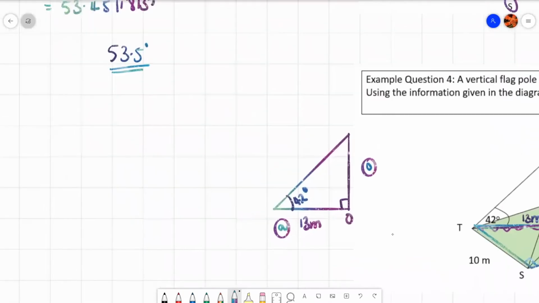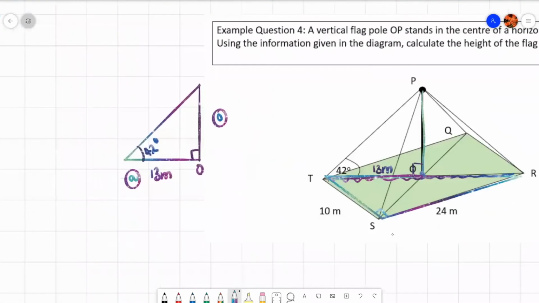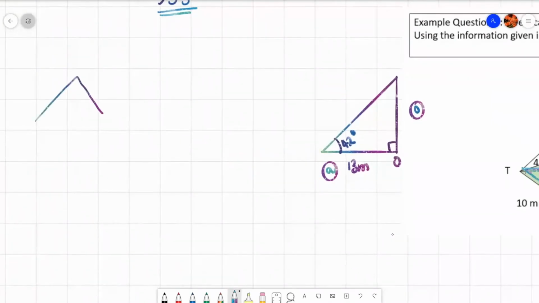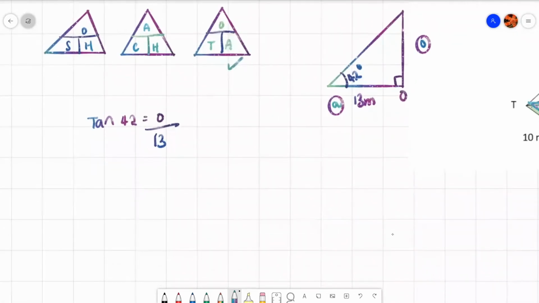Again, using SOHCAHTOA, you will see that it's tan that has the opposite and the adjacent. Yeah, so let's draw that out to double check. SOHCAHTOA is tan with the opposite and adjacent. So tan 42 equals opposite over 13. I want the opposite, so I'm going to times by 13. 13 times tan 42 equals opposite.